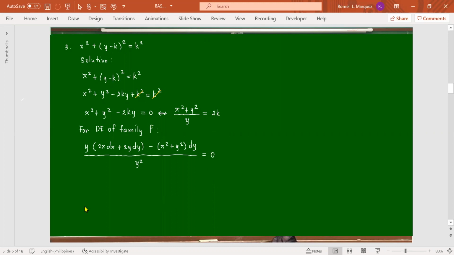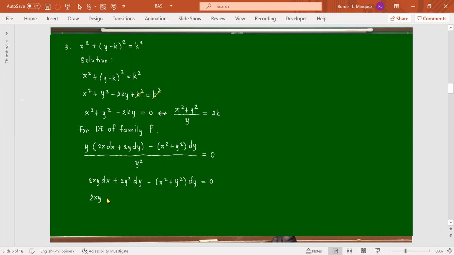Okay? So simplifying this further, we have in the numerator 2xy dx plus 2y squared dy minus (x squared plus y squared) quantity dy, and that is equal to 0. Let's combine those having the same differential.